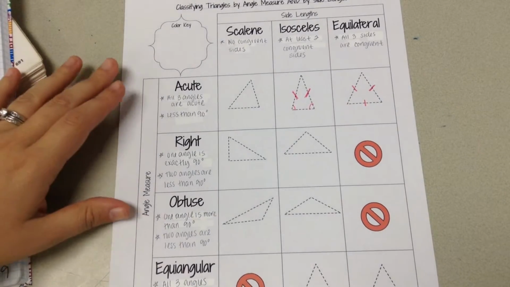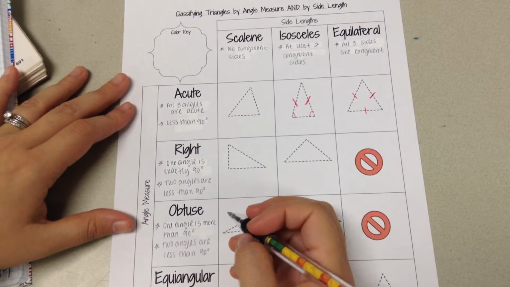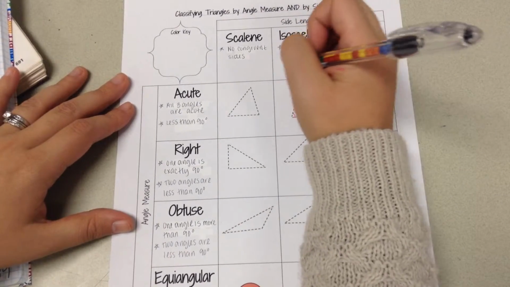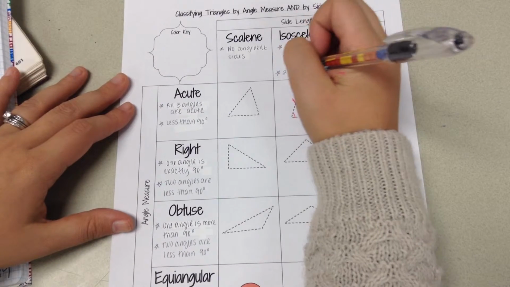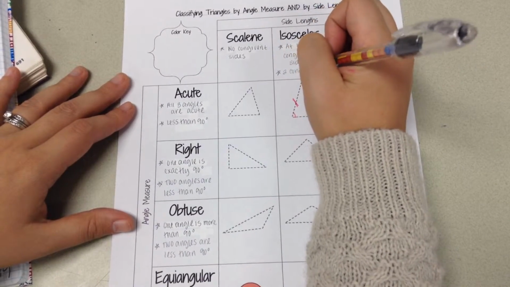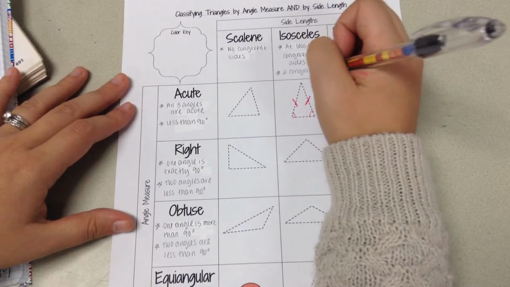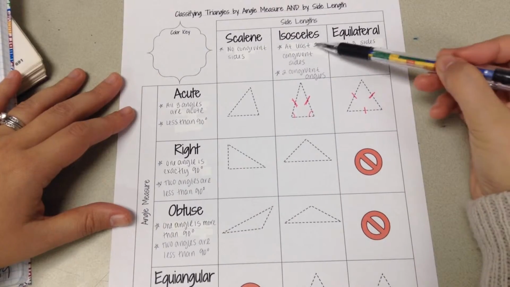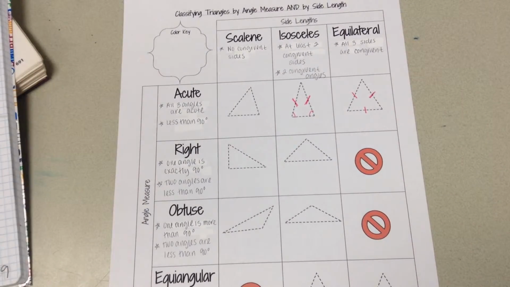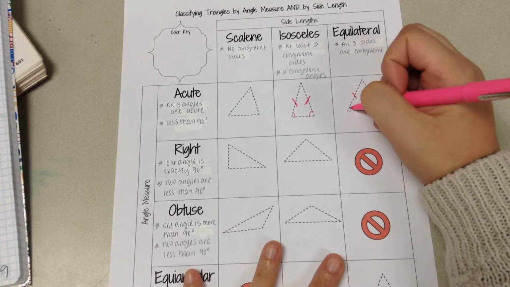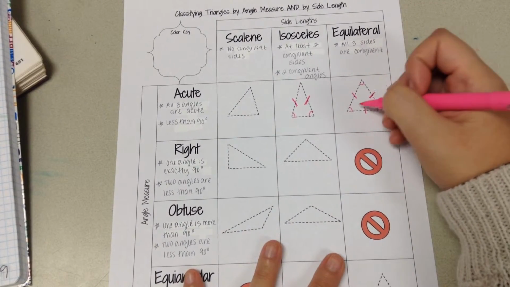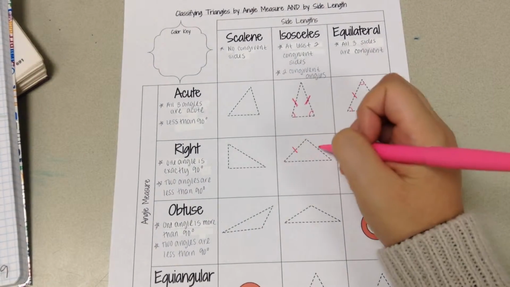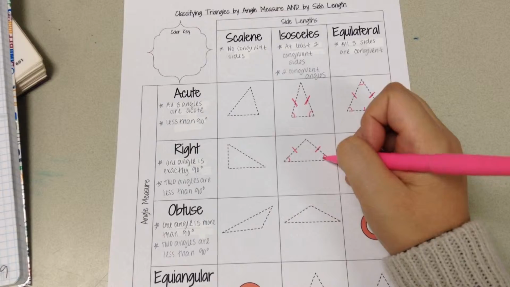Let's write that as well. So isosceles is 2 congruent sides and 2 congruent angles. So all of these 3 are going to be congruent. And then over here, these 2 are congruent and these 2 are congruent.